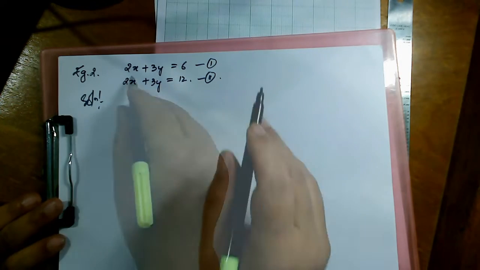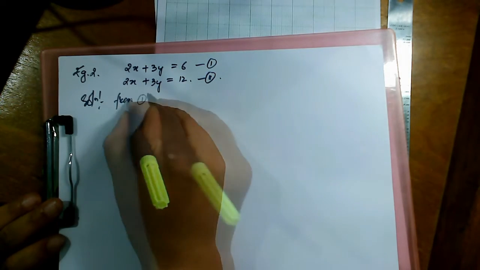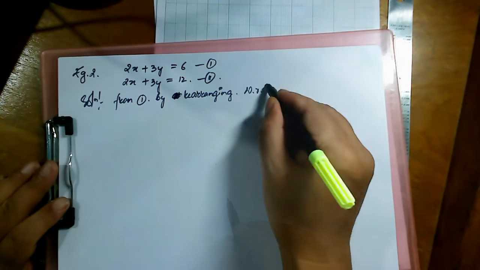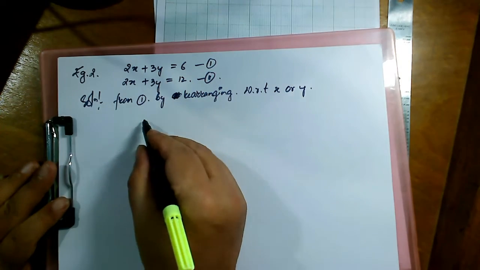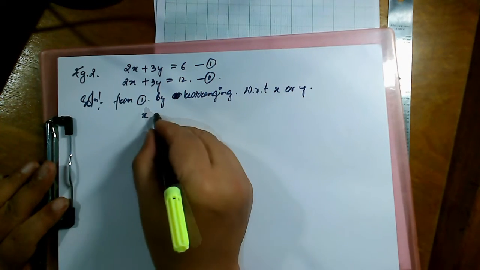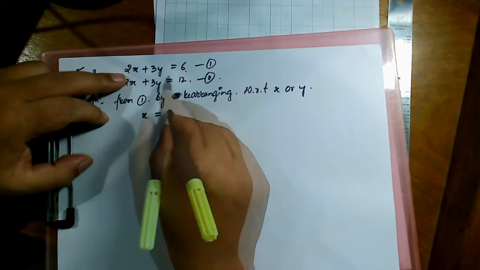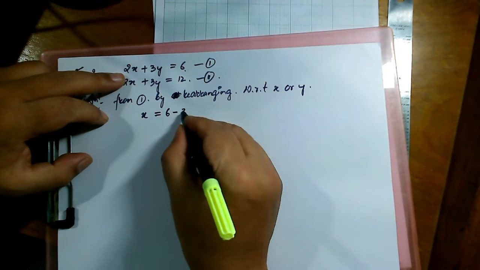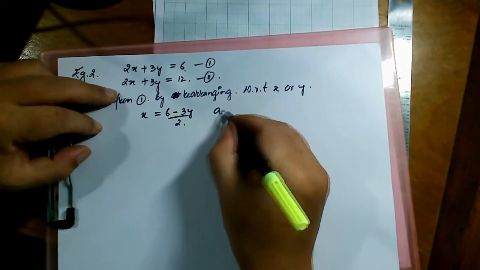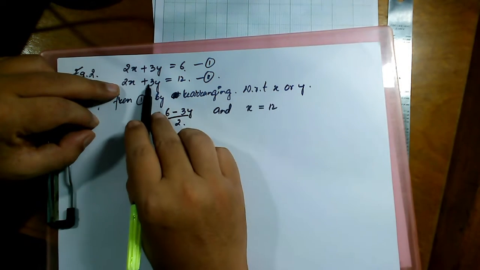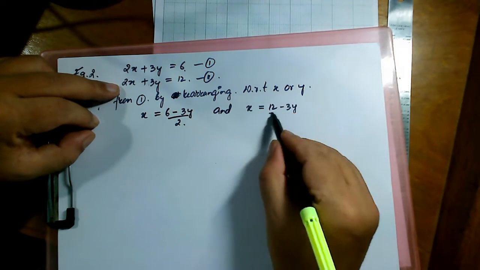Rearranging with respect to x or y, let's take x. From equation 1, x is equal to (6 minus 3y) by 2, and from equation 2, x is equal to (12 minus 3y) by 2.